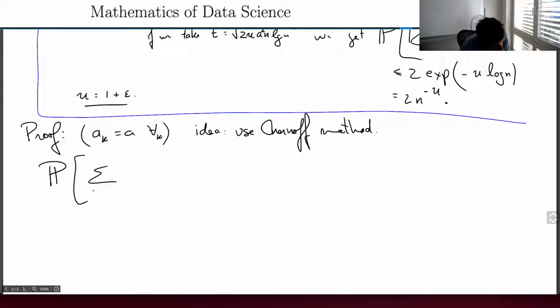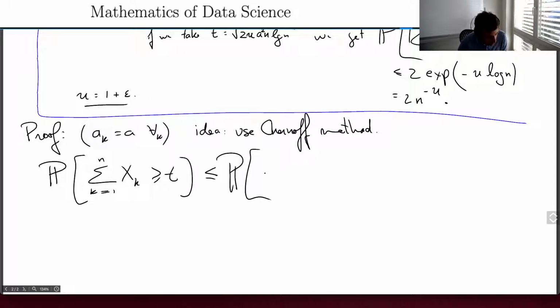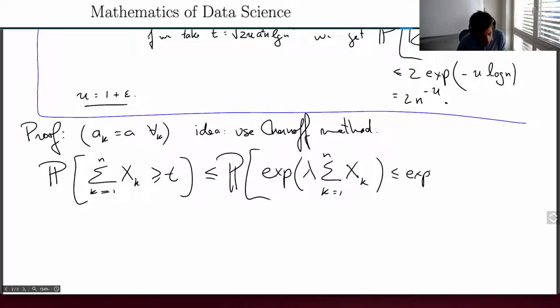The probability that the sum, k from 1 to n of x_k, is bigger or equal than t is smaller or equal than, using the Chernoff method, the probability that exp of lambda times the sum, k from 1 to n of x_k, is bigger or equal than exp of lambda t.